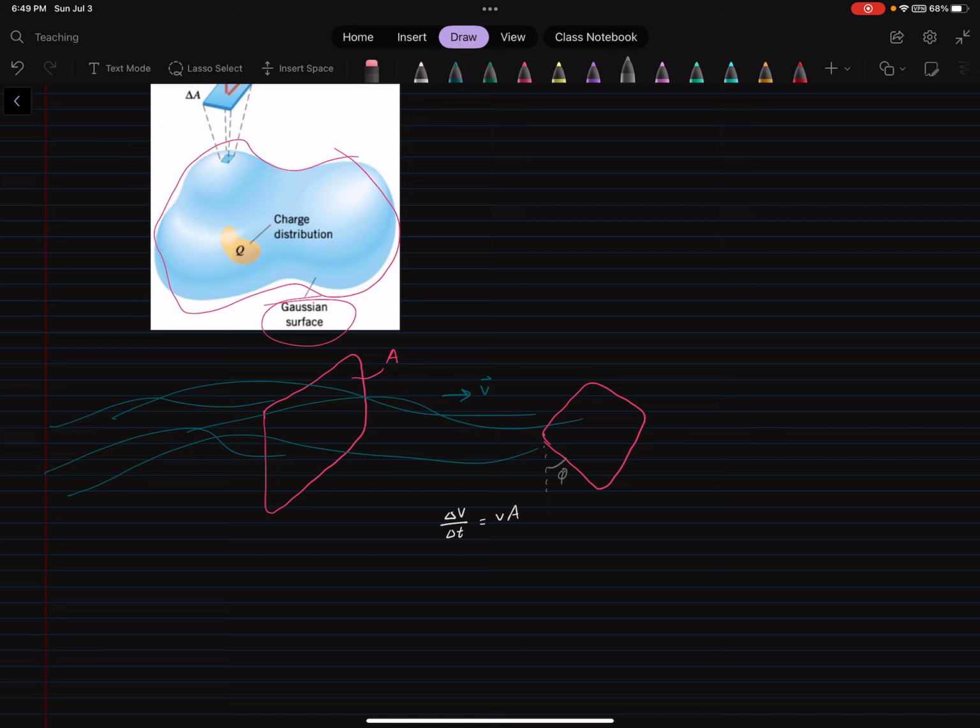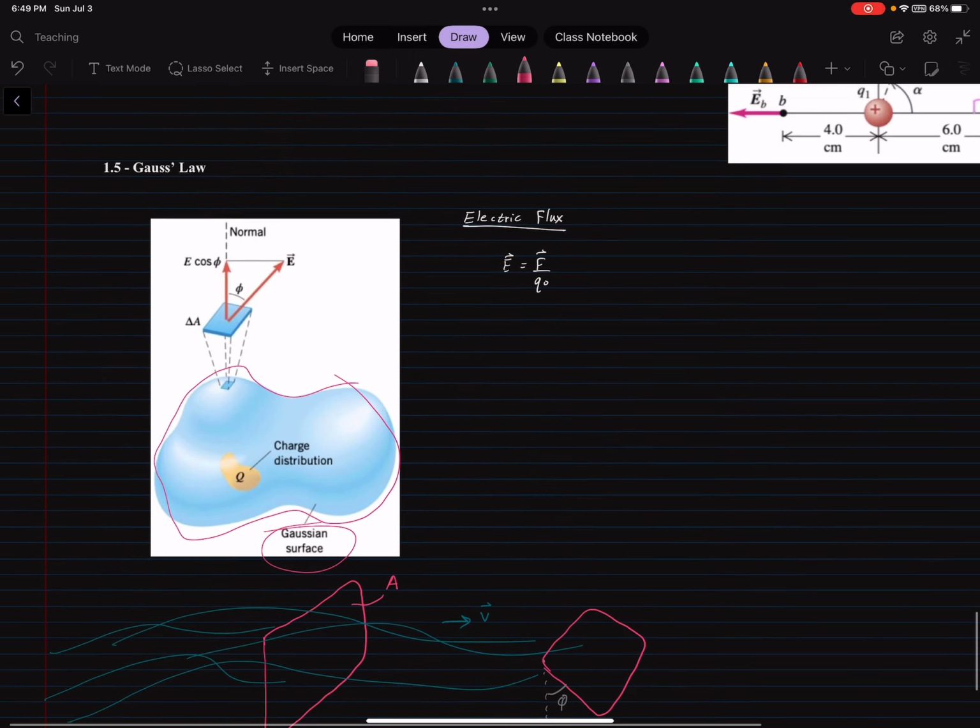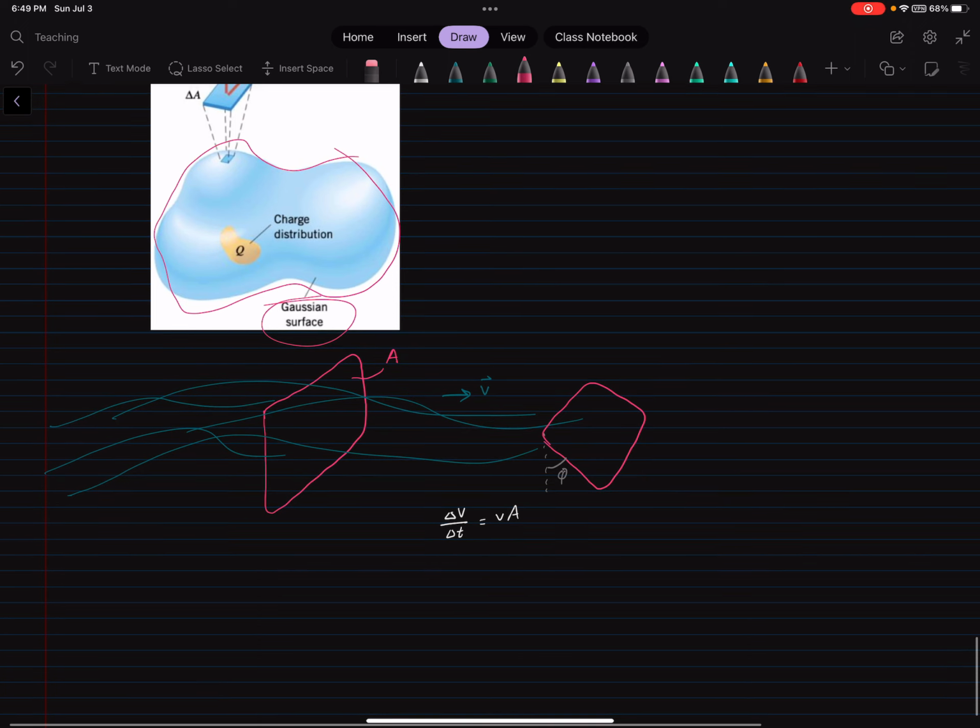Call that phi. Well, now, in order to describe the area, we have to give it some vector. So the vector normal to that surface would be vector A, is what we're going to say. The area, right, you can still say that there's some area A, but in vector form, we're going to use the normal to that surface to describe it.